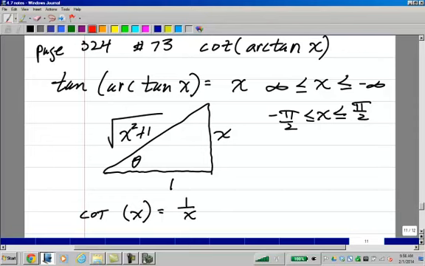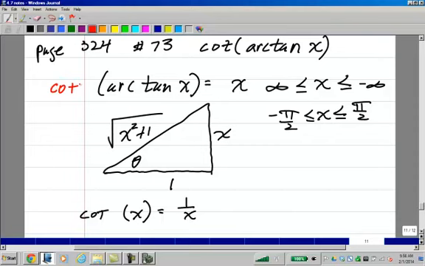Unless it's asking for both. Let's say 73. Cotangent of the arctangent of x. All right. I don't know why I got it. Okay, so x is between negative infinity and positive infinity, whatever.